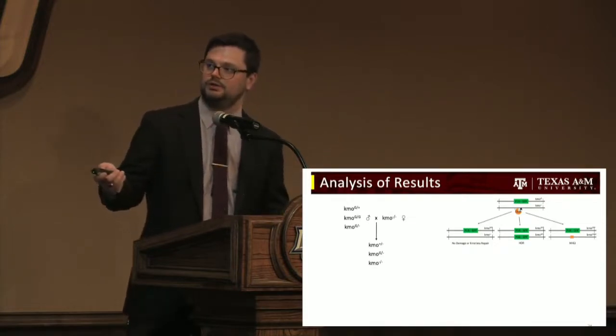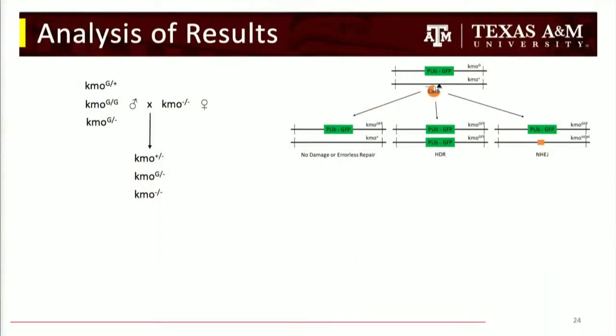And so the offspring will be one of three things. It'll grab this allele, and it'll be GFP positive, or it'll grab any of these 4 GFP alleles, and so it'll be GFP negative, or it'll grab this knockout, and it'll be full knockout without GFP.